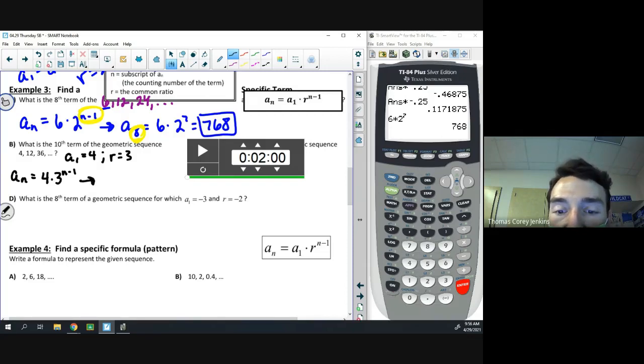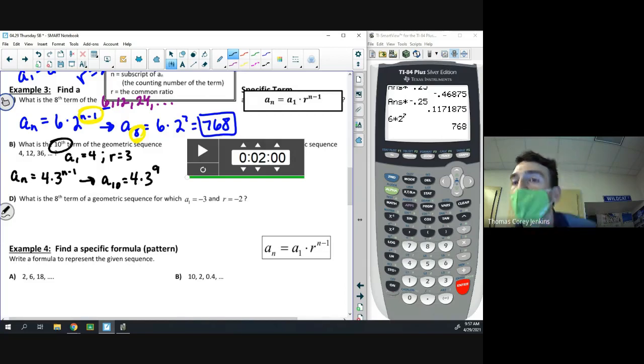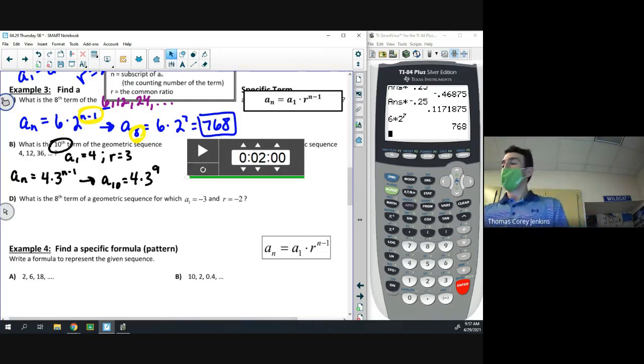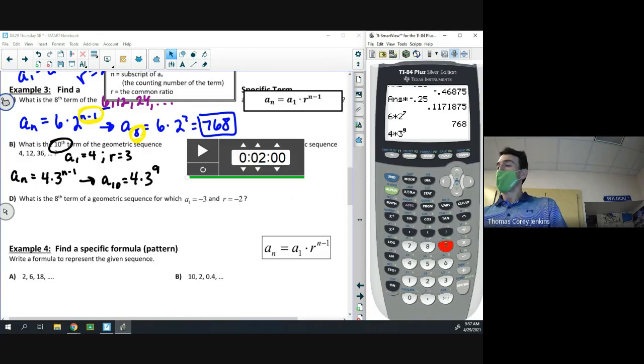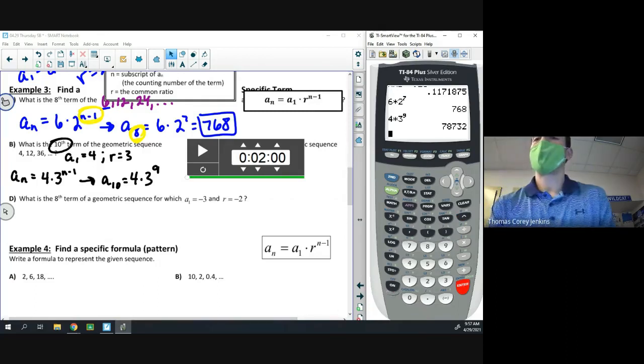Then we use that to find a sub whatever, right? In this case, they want us to find a sub 10. So in my calculator, I would type 4 times 3 to the what? To the 9th. So we get 78,732.